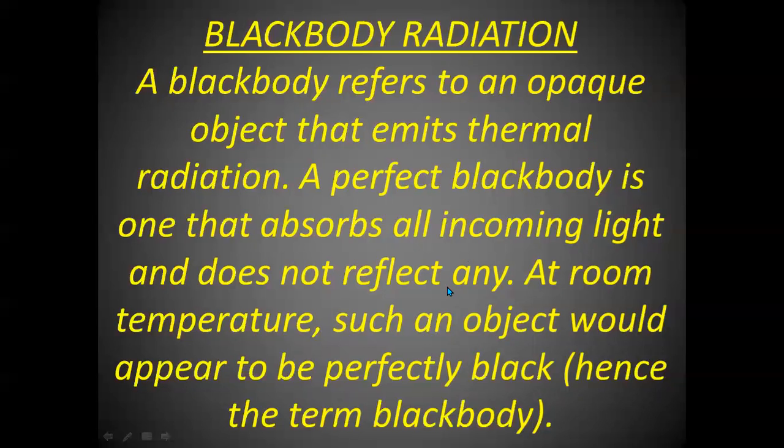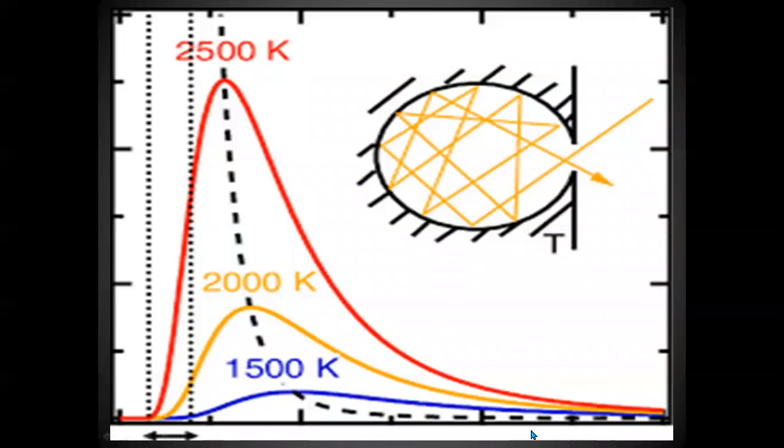What is a black body first? This type of body is called a black body, and this is a two-dimensional figure. In a three-dimensional figure, it would be a hollow sphere with a small hole in it.